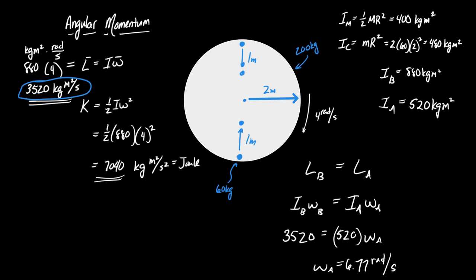I have an idea, and we'll talk about that later, but I want you to keep in mind, I don't really know. I do know that we could figure out the kinetic energy after the kids walk towards the center. Because we have the moment of inertia of the system by the time they make it to the center. And we know that when they make it to the center, the system has now increased its speed to 6.77 radians per second.